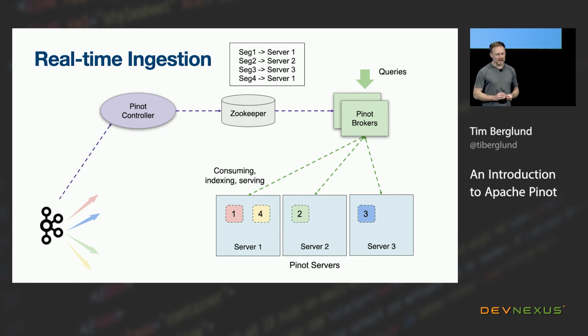Pinot is basically its own consumer, and the reason for that is its consumption has a mapping of Kafka partitions to segments. So the partitioning of a Kafka topic and the segmenting of the data in Pinot in the segment store are equivalent. And there are some kinds of queries that are optimized that way. Other kinds, we've got index types that make those work. But it is its own consumer and doesn't use Kafka Connect.